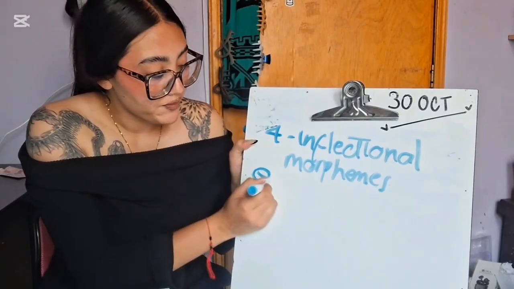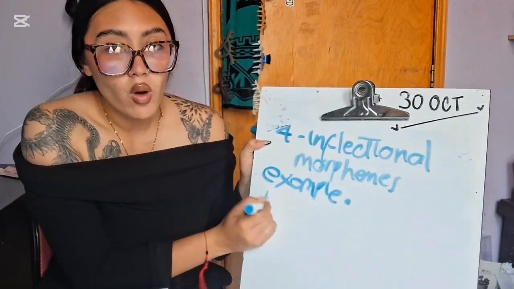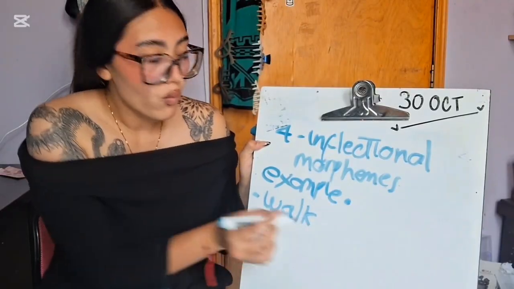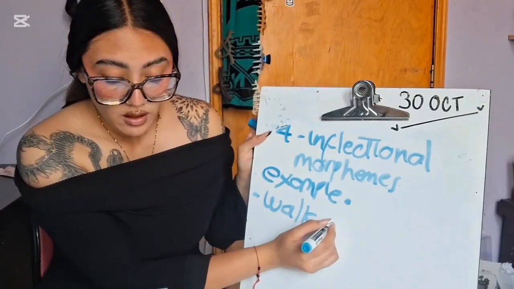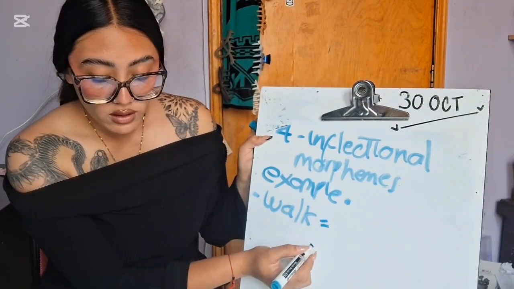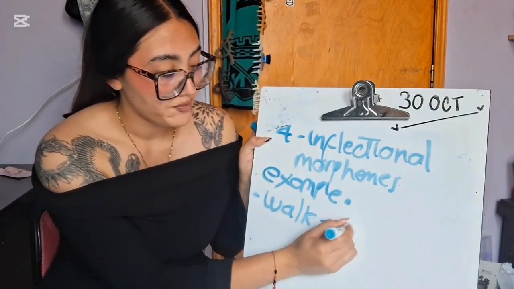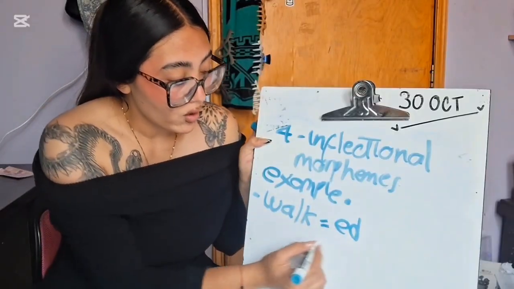For example, walk. Walk is caminar in present simple. To walk, you can add ed, and this word will become walked.